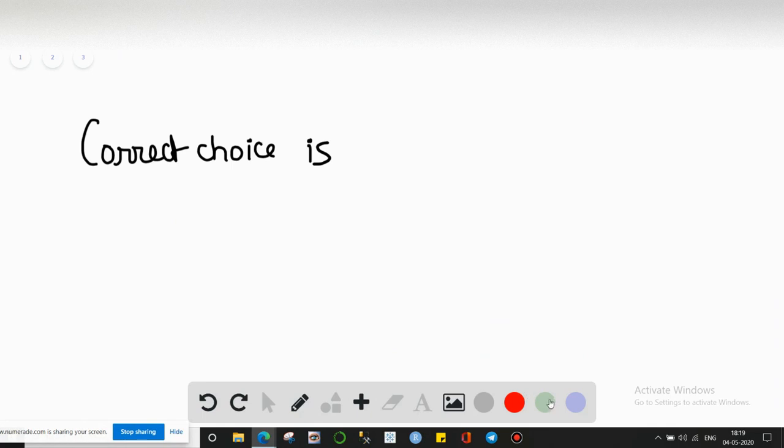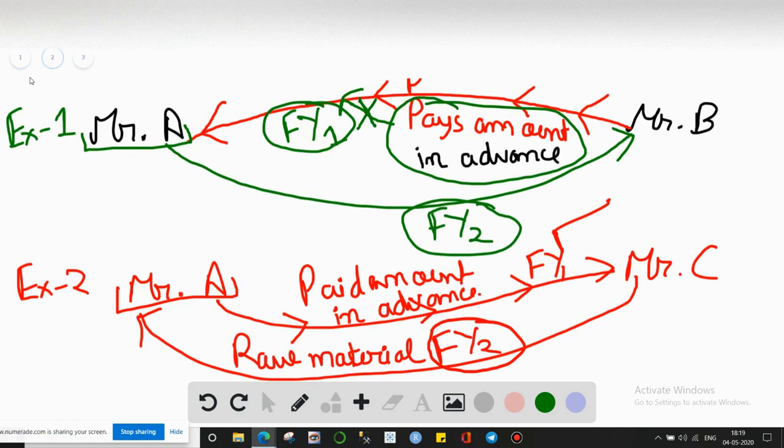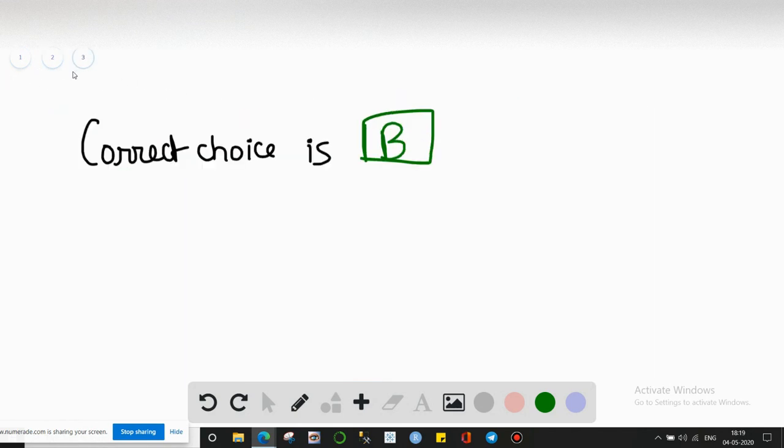Okay, that is choice B. Okay, so you can jot down sheet number 1 and sheet number 2 onto your notebook for future reference. However, we have derived our solution, that is choice B. Okay, thank you.